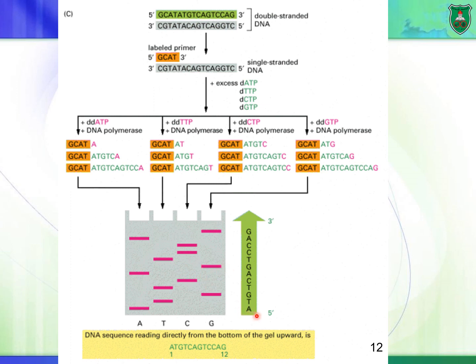So I go like this, A, T, G, T, and here it's the 5' end. Why? Because synthesis starts at the 5' end and it goes in this direction into the 3' end. So I know that this is A, followed by T, then G, then T, and so on.